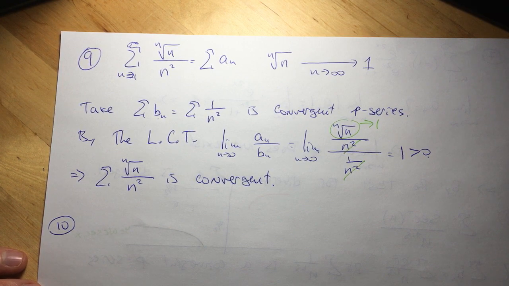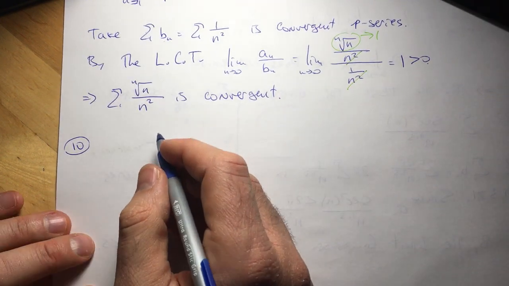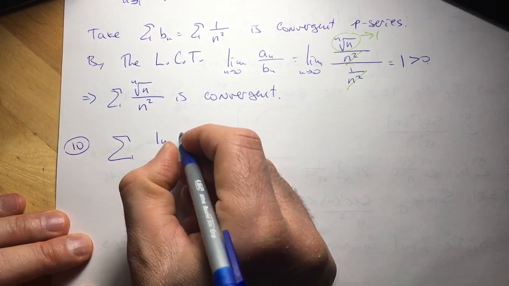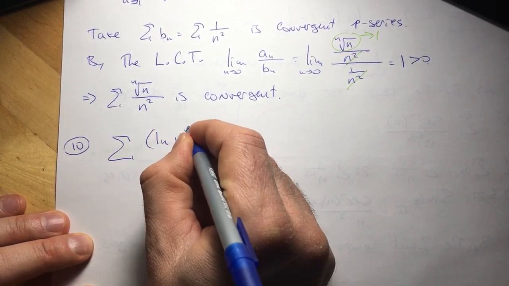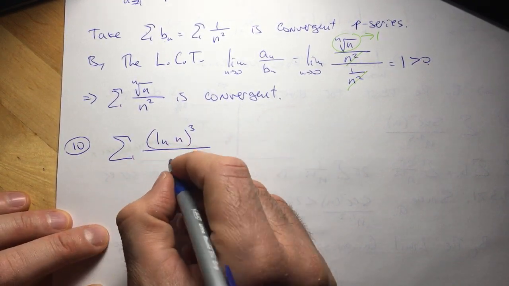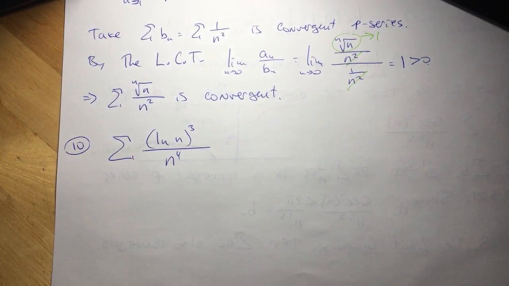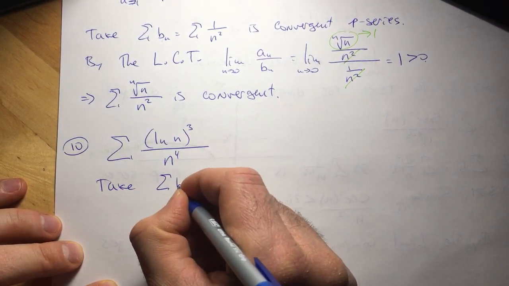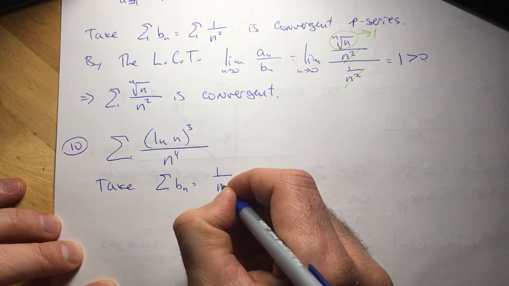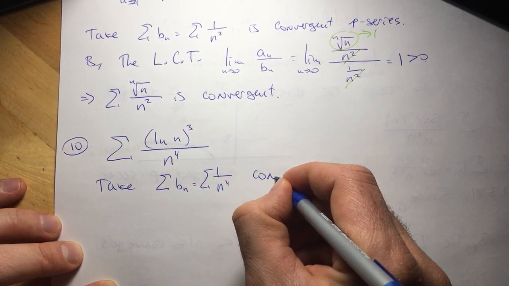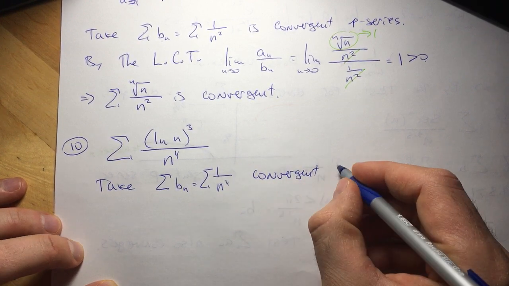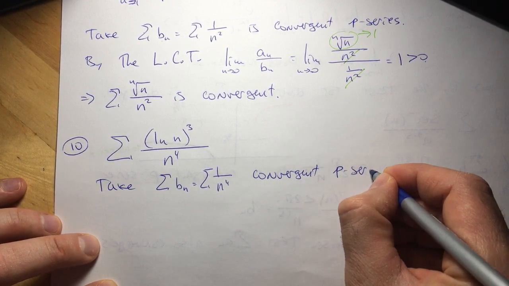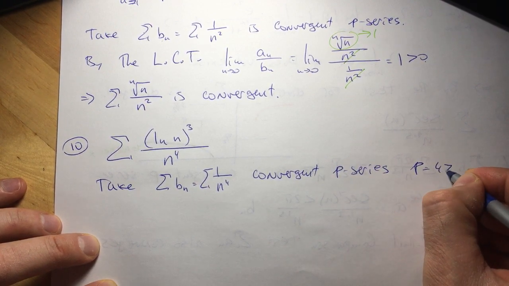Okay, we have 4 more problems. So problem 10, sum of ln of n to the power of 3 over n to the power of 4. Okay, so here I can compare it, take sum of bn to be 1 over n to the power of 4, which is a convergent p-series with p greater than 1.